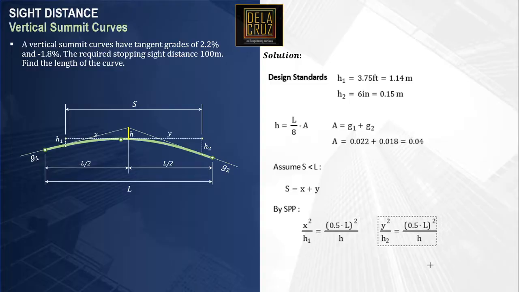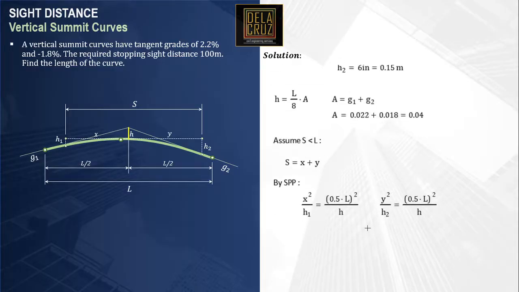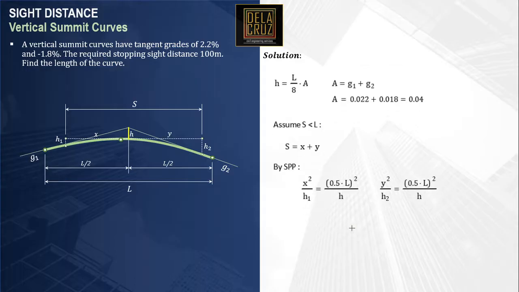All right. Now, take note that H is expressed to L, which is L over 8 times A, and A is 0.004. So in this case, we'll be expressing X and Y to H or to L, no? That would become square root.